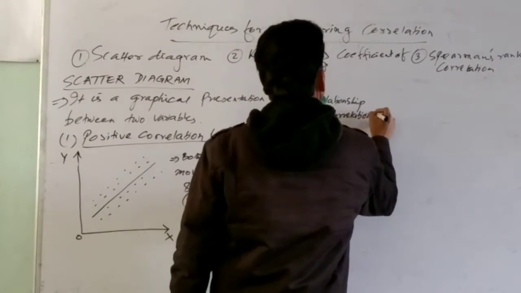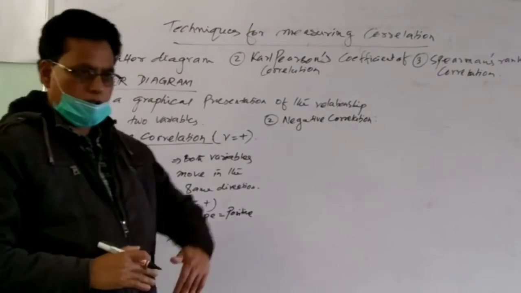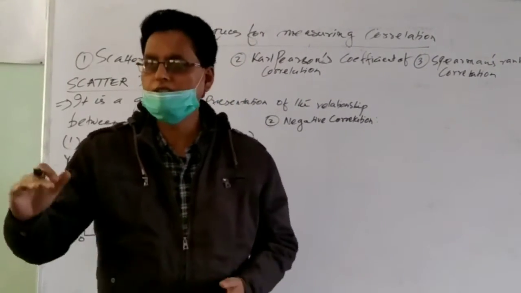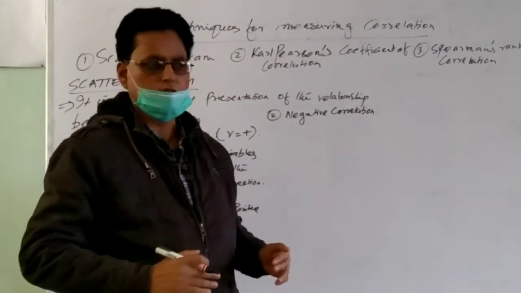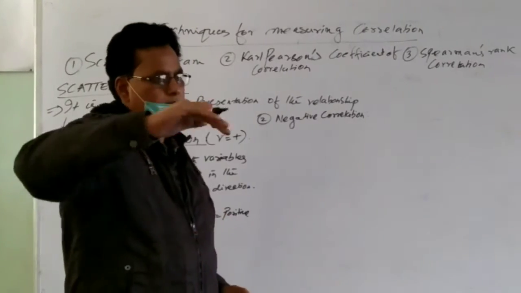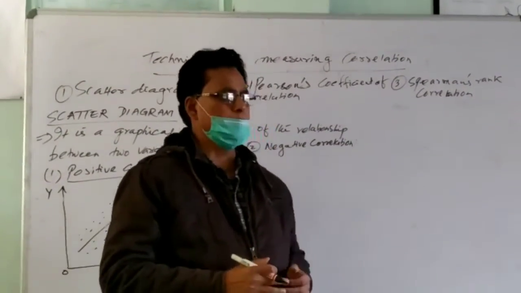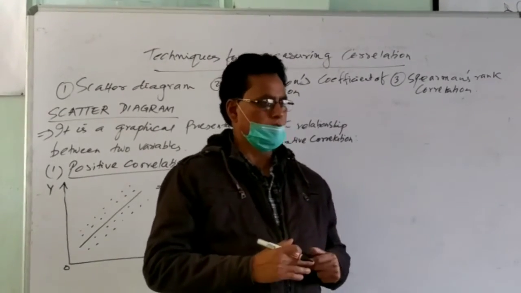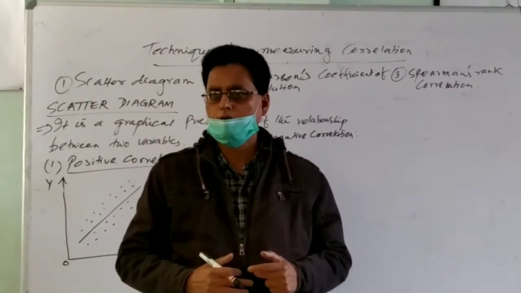Let us see what happens in negative correlation: if x increases, y decreases, or if y decreases, x increases. Take the example of the summer season: when the temperature increases, what happens?